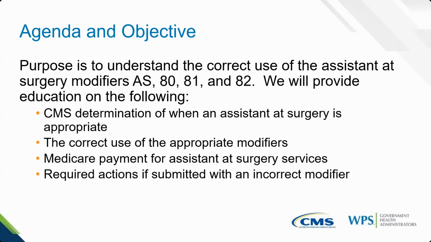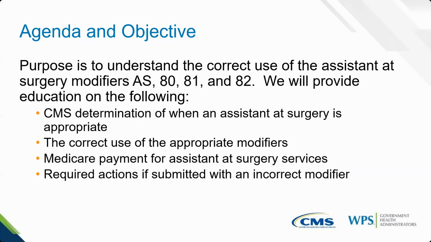So the purpose of our education today and our webinar today is really to help you understand the correct use of the assistant at surgery modifiers. And you can see those listed there on your screen. There is the AS, the 80, 81, and 82.